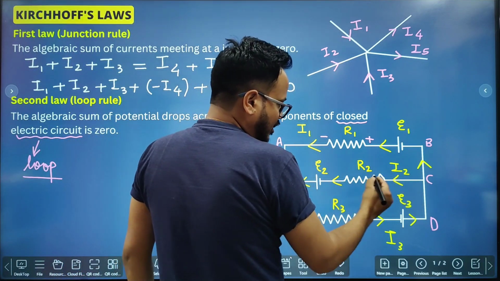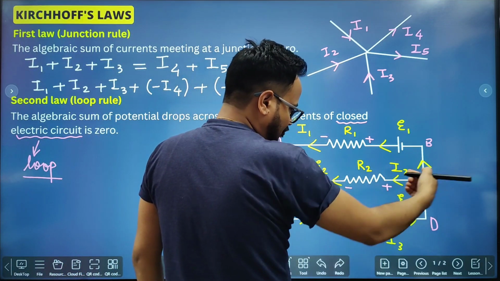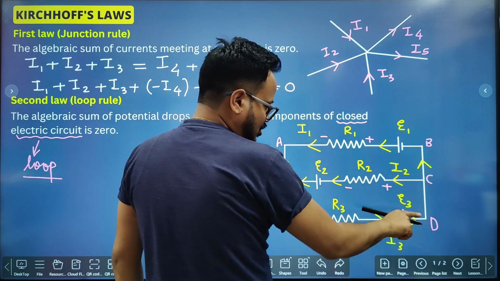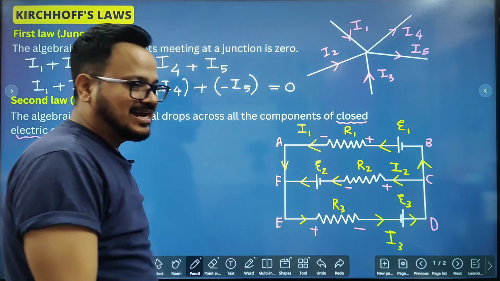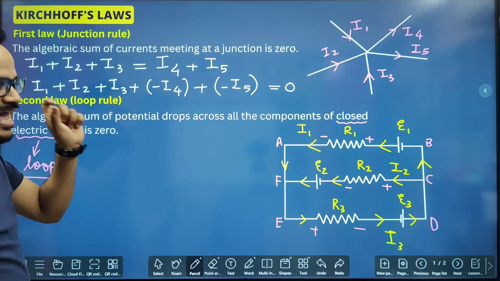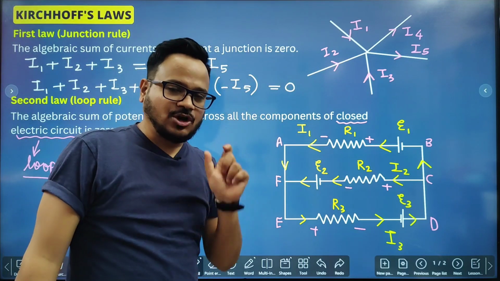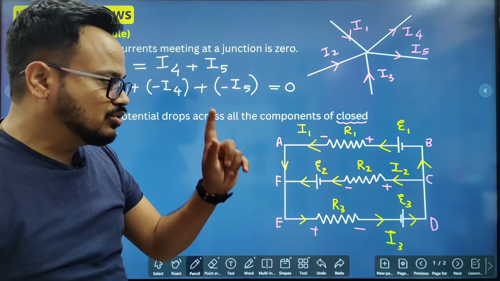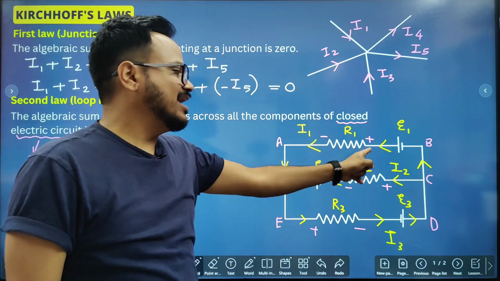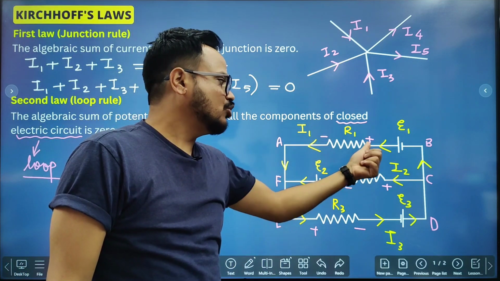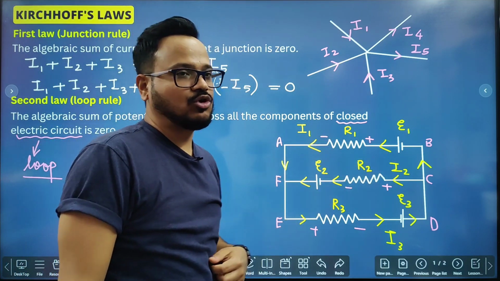Same we will do here, positive, negative, because direction of current is this, so this will be positive and this will be negative. Okay, so first we have to assume the direction of current, and according to that direction we will put positive, negative signs in higher to lower potential direction, which is the direction of flow of current.